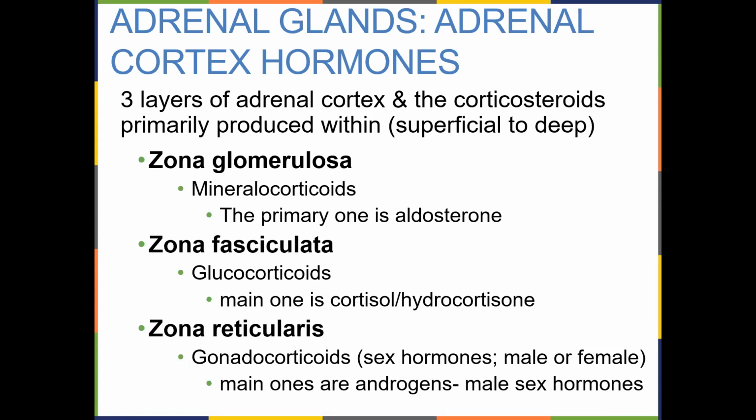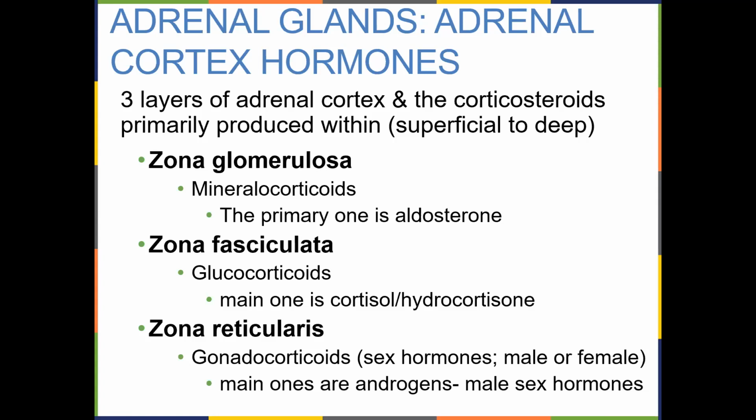The zona glomerulosa is the outermost layer right underneath the capsule covering of the adrenal gland. The zona glomerulosa produces the mineralocorticoids. The number one hormone is aldosterone. You're going to hear about aldosterone again and again throughout this semester. It is probably the most important of the three corticosteroids.